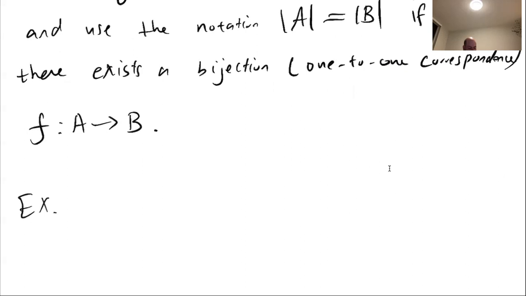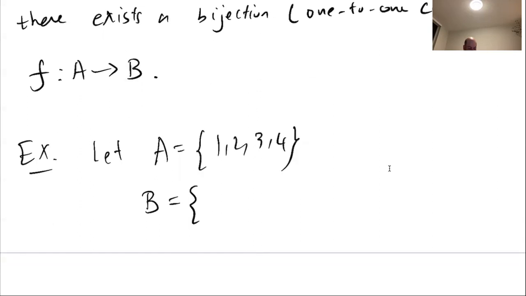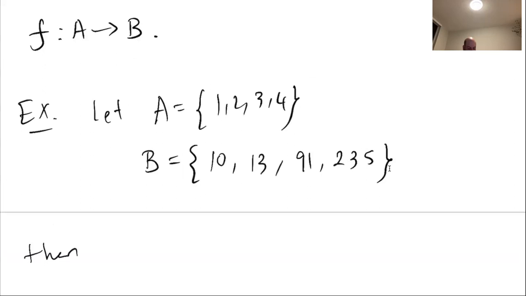So for example, let A equal 1, 2, 3, 4, and B equal 10, 13, 91, 235. Then cardinality of A is equal to cardinality of B. You could tell me it's obvious because both sets have 4 elements.